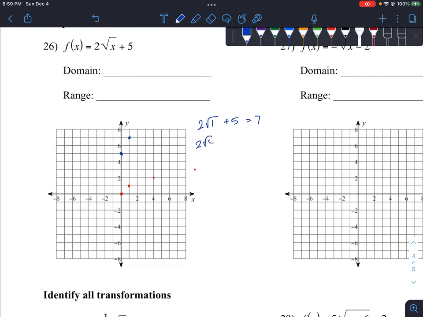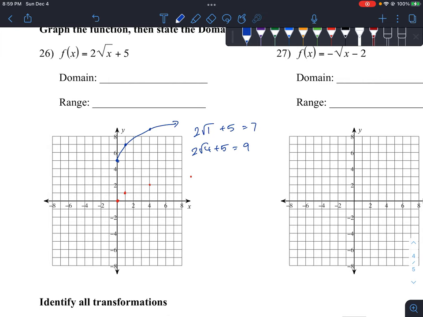So 2 square root of 4 plus 5. Well, that's going to be 2, so that's going to be 4 plus 5, which is equal to 9. So then when x is equal to 4, y is going to be equal to 9. And I think that should be pretty good right there. Got a good idea of what's happening there.